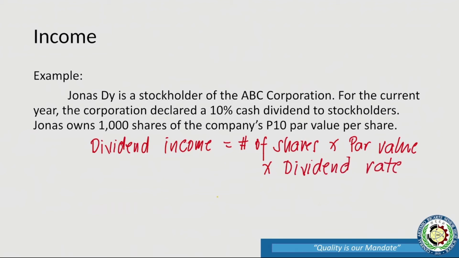So let's compute. The number of shares of Jonas D is 1,000. Par value is 10 pesos. And the dividend rate is 10%, so that's 0.10. So the dividend income of Jonas D would be 1,000 pesos.